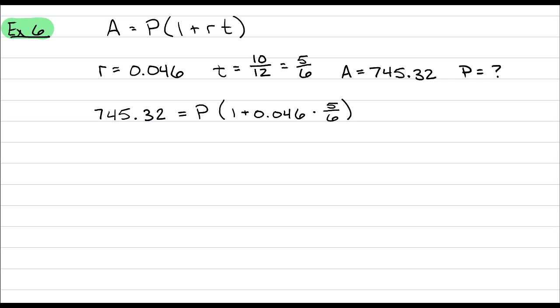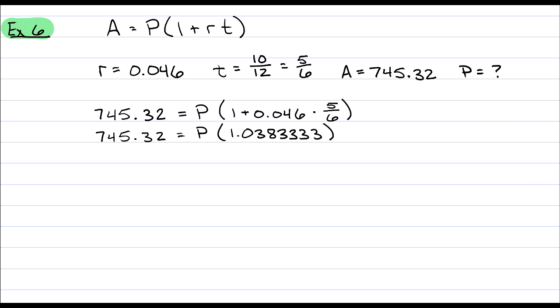Okay, so 745.32 is equal to P times, let's calculate the stuff inside the parentheses here. I'm going to take 0.046 times 5 over 6, and I add 1 to that, and I get 1.038, and then a bunch of 3's.